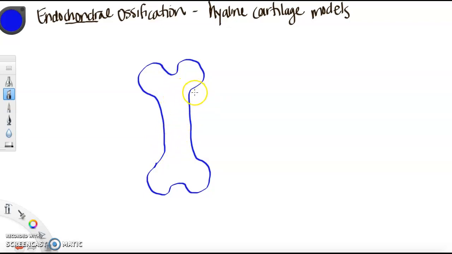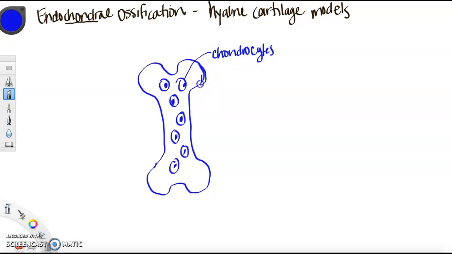So if it's cartilage, then the inside of this is hyaline cartilage. So we're going to have a bunch of lacunae, right? And little cells in these lacunae. These are chondrocytes, right? And out here is cartilage, and it is the perichondrium.